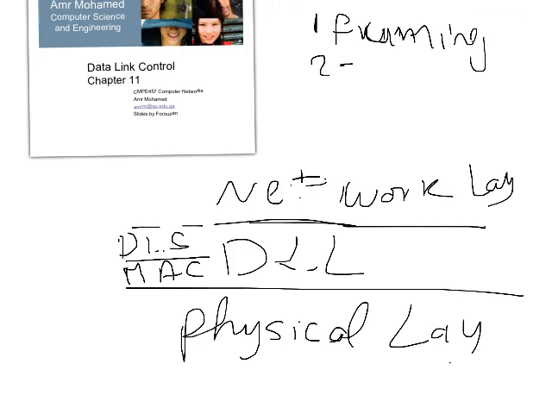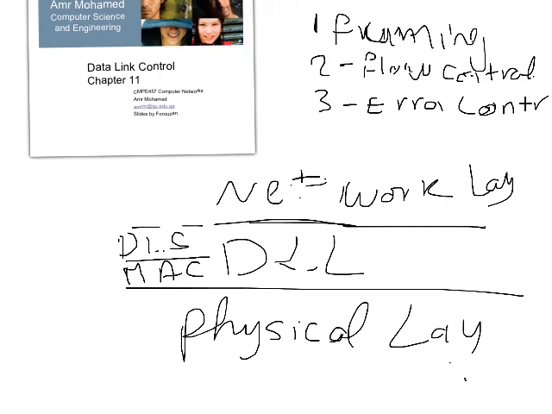Two, the data link control performs what we call flow control. And three, error control. So it's framing, flow control, error control. These are the three main jobs of the data link control sublayer.